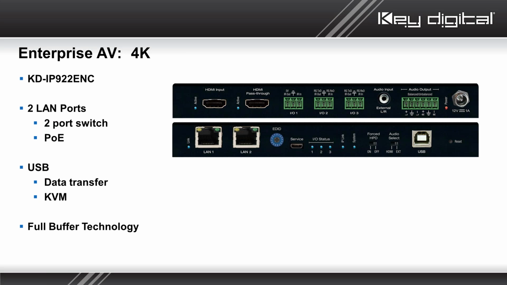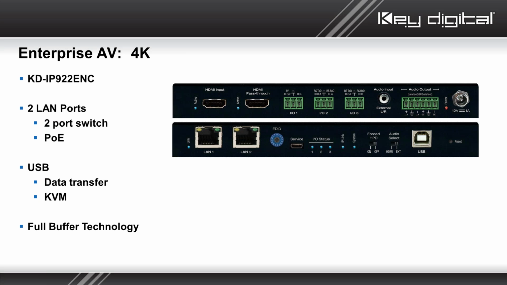And you could also have KVM, keyboard, video, mouse. So if this is connected to a PC, then your decoder that's viewing that PC now has, I'll show you in a moment, the 2 USB ports for keyboard and mouse connectivity.